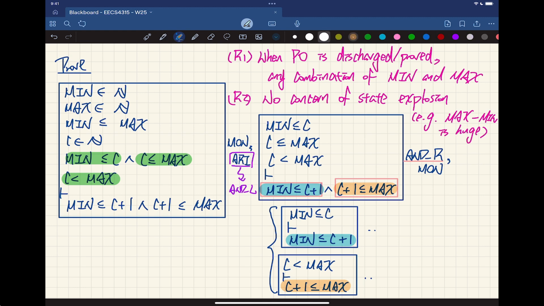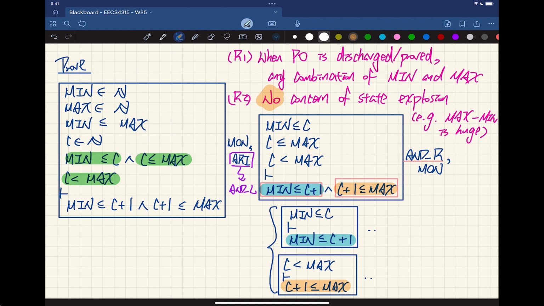This is important for you to see. And the very reason for remark number two is that for theorem proving, we never have to build the reachability graph as in model checking. But we will have to when we get to the 4315 approach.